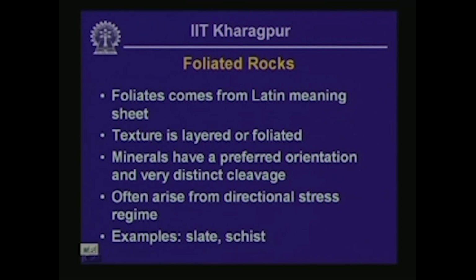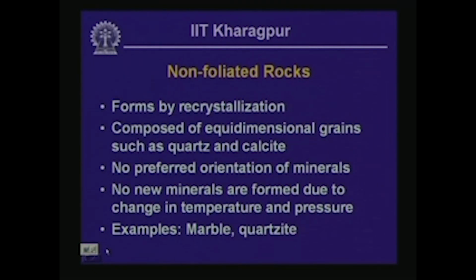The texture is layered or foliated, and minerals have a preferred orientation, and this arises because of directional stress application, and we have seen that examples include slate and schist. Non-foliated rocks, on the other hand, form by recrystallization of pre-existing rock. Examples include marble and quartzite. In this case, you typically have a structure that is composed of interlocked mineral grains.